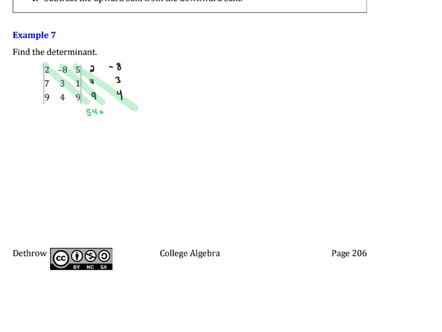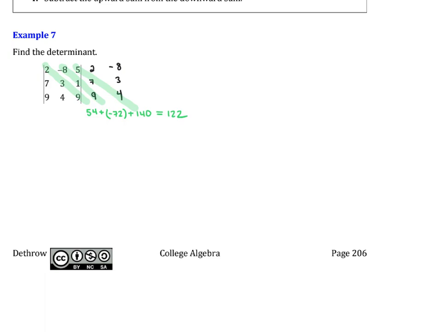Plus -8 times 1 times 9 is -72. Plus 5 times 7 times 4 is going to be 7 times 20, 140. So the sum of those is 122.